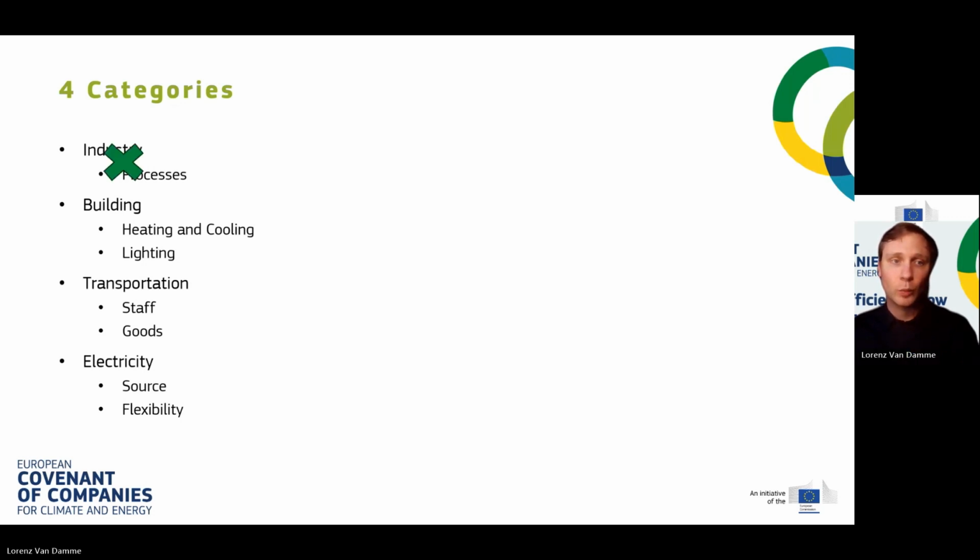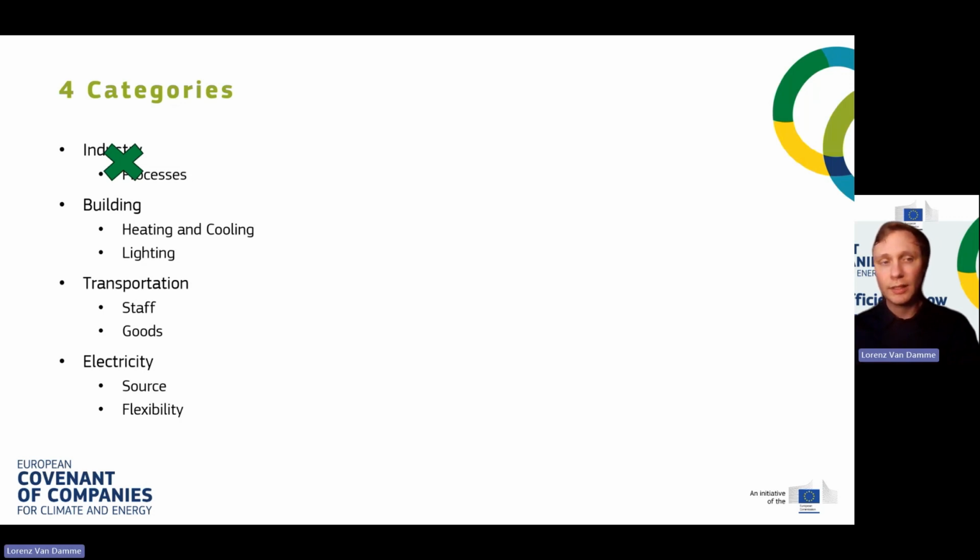So we are left with the 3 other categories that we will be talking about today, which is the building, where we'll be talking about heating and cooling and lighting solutions. Next to that, we also have transportation.